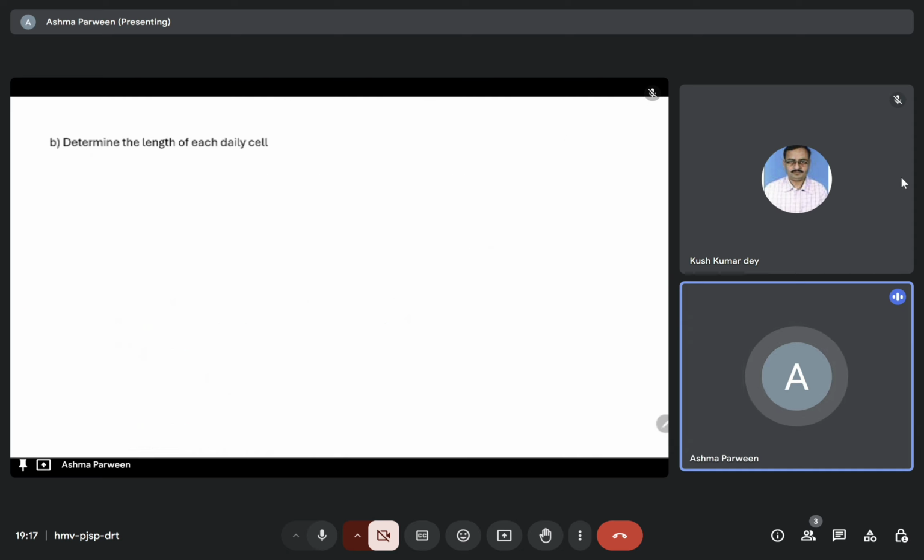So we have to find out the length of each daily cell. We can divide the volume by height and width to get the length of the cell.